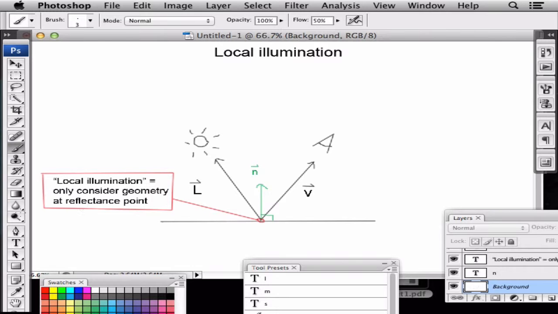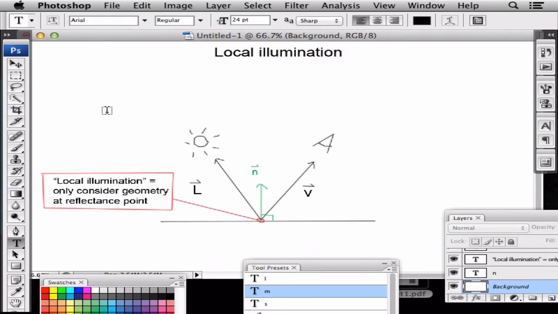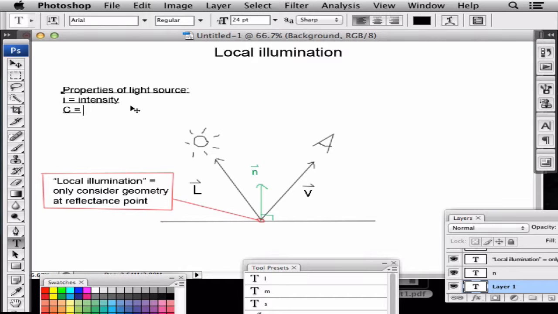The final thing I just want to put some terms on is the light source properties. We say lowercase I, that is the intensity of the light, how strong it's shining, and uppercase C, that is the color of the light.